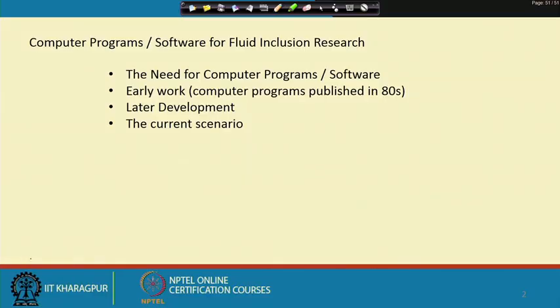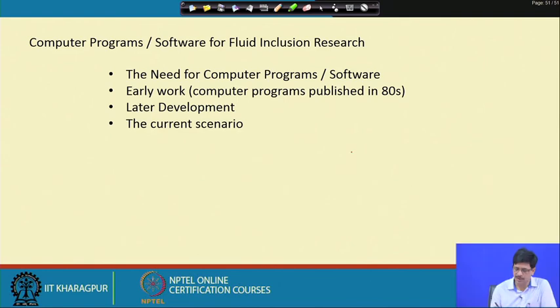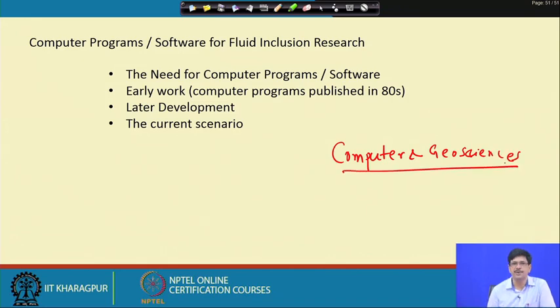If someone looks at the journal which actually publishes computer programs, the Computer and Geosciences journal, which is published by Elsevier, if someone browses the content of this particular journal, the old archives, one will see a lot of such small Fortran or BASIC programs which were published by various authors at different points of time.